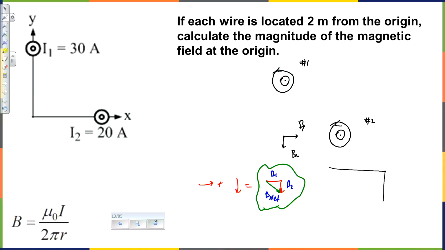If we do geometry, it will not affect our calculation at all, right? So B1, B2. This is the angle we would need to find if the question was about the direction. And B net represents the hypotenuse. So this is what I'm going to do.